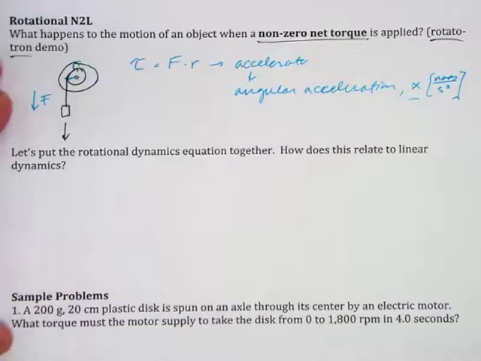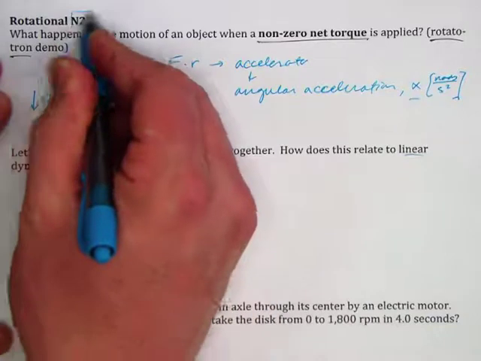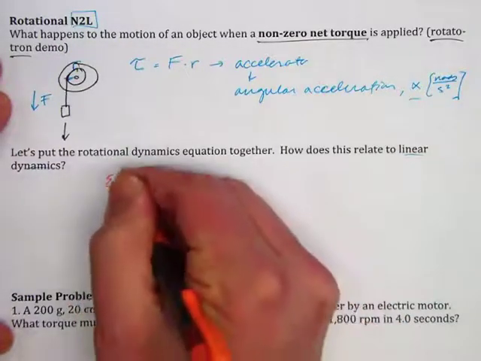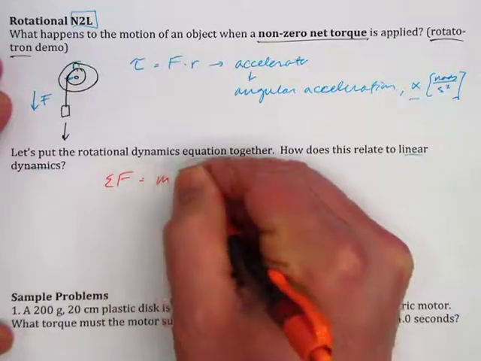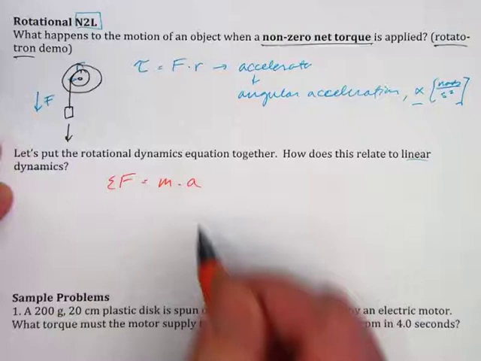Now, how do we relate this to linear dynamics and to Newton's second law? Well, what we saw in first semester was that a net force caused a mass to accelerate. And this would be translating through space, either left, right, up, or down, in whatever direction it's moving. But forces applied to masses cause accelerations.